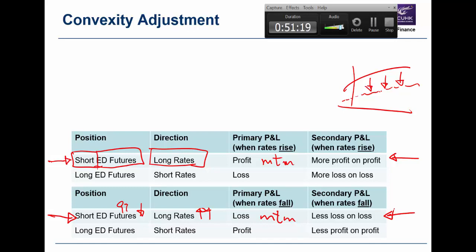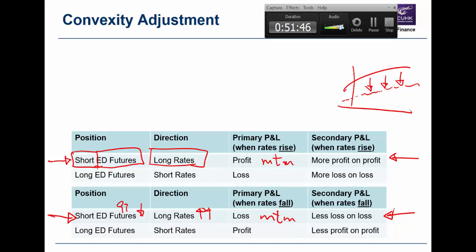Now that must mean that the guy on the other side is having exactly the opposite. That's really good, isn't it? When you make money, you have money in your pocket, and you can earn more interest on it. When you have a loss, too bad, but your borrowing costs will drop. So more profit on profit, less loss on loss.